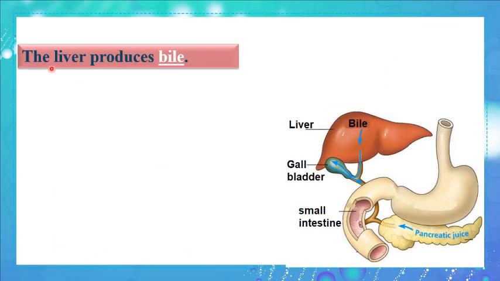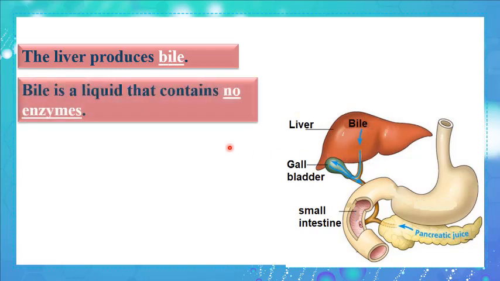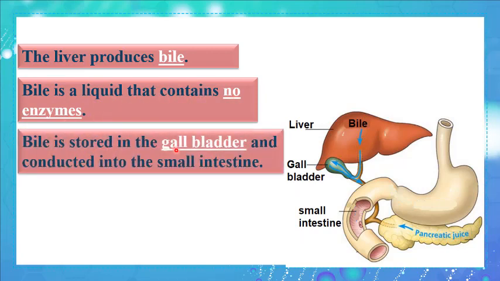The answer is that the liver produces bile. This is the liver and it produces bile. Bile is a liquid that contains no enzymes. Bile is stored in the gallbladder and conducted into the small intestine.